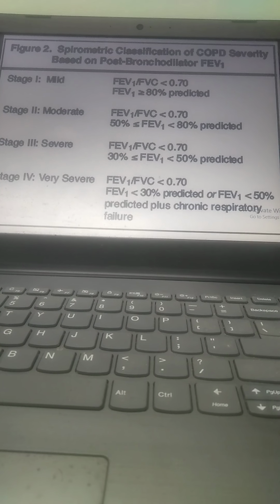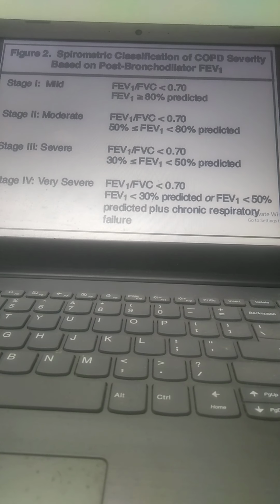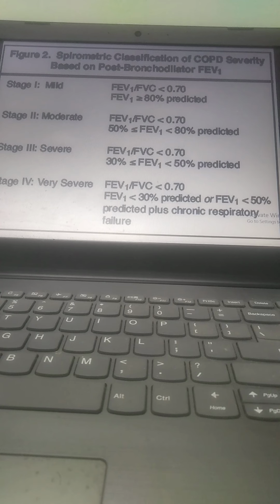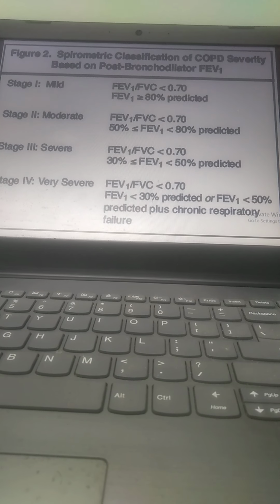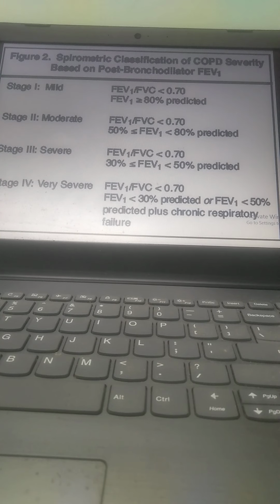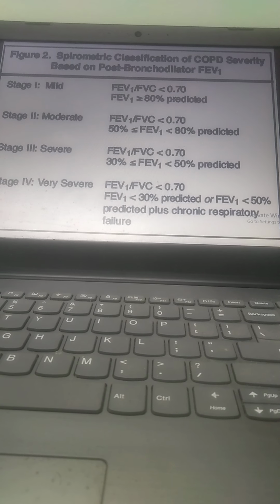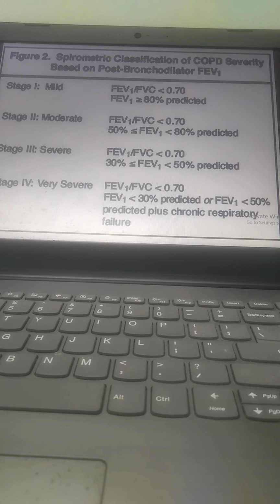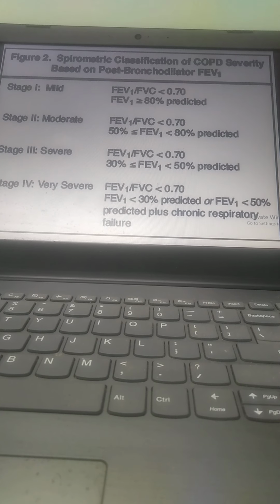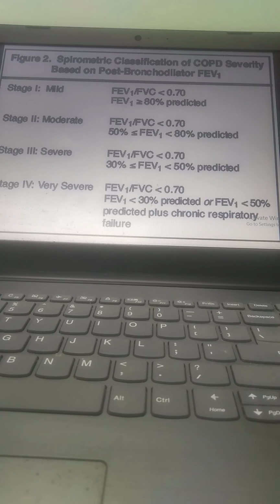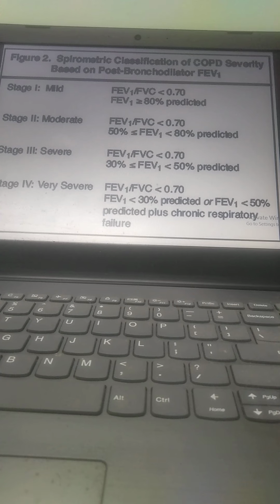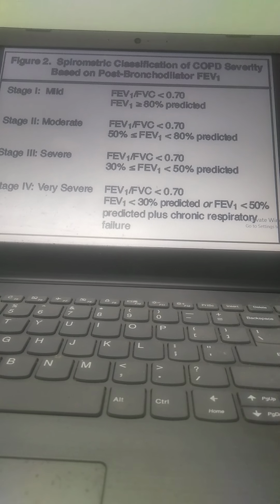Now, also the spirometric classification of COPD severity based on post-bronchodilator FEV1. Mild: FEV1 by FVC ratio is less than 0.70, and FEV1 is 80% predicted or more. Stage 2, moderate: FEV1 by FVC is less than 0.7, and FEV1 is 50% or more but less than 80% predicted.